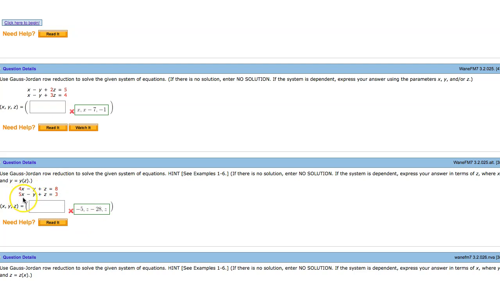You'll get negative 25 equals 3. Add 25 to both sides. That's 28. Negative y plus z equals 28. But then just solve that, and you'll get y equals z minus 28. But z is just z himself.